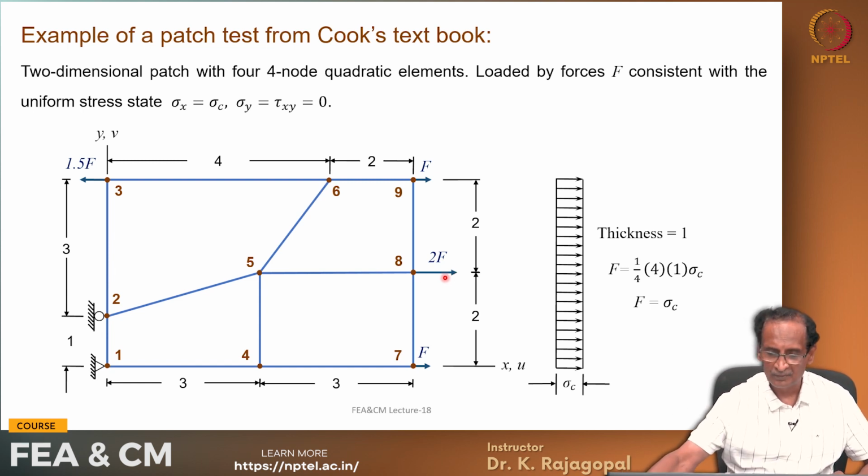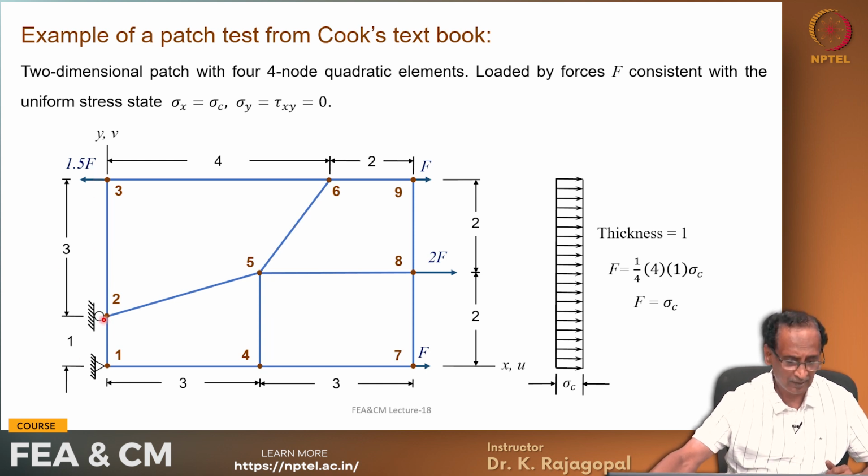So sigma c times 2 divided by 2 is your F, and the same thing if you do for this element, you get an F. Then at this node you have an F from this element, and another F from this element, so you have 2 F. Similarly, if you apply on this surface, you get 1.5 F and 1.5 F here.